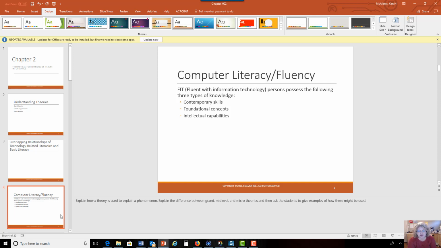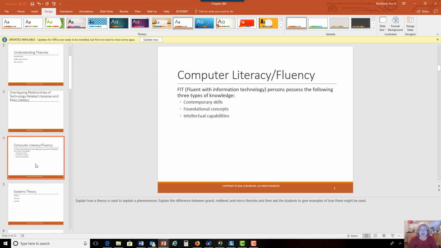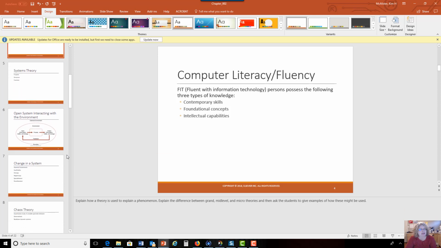Being able to see how the information works. Is it peer reviewed? Does it really work and do what it's supposed to do? And then there's also information literacy, and that's a set of abilities to recognize and utilize information when it's needed.